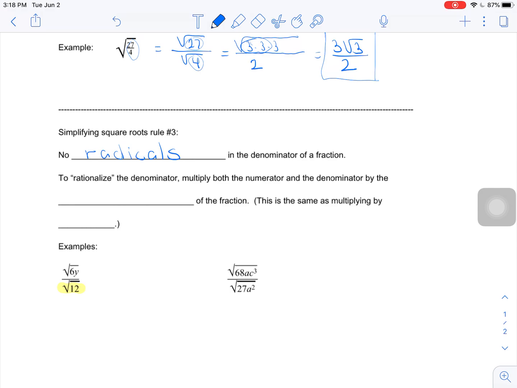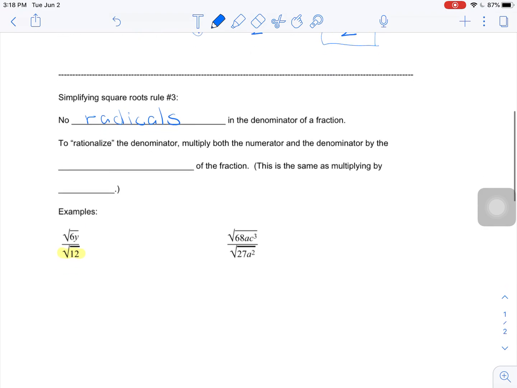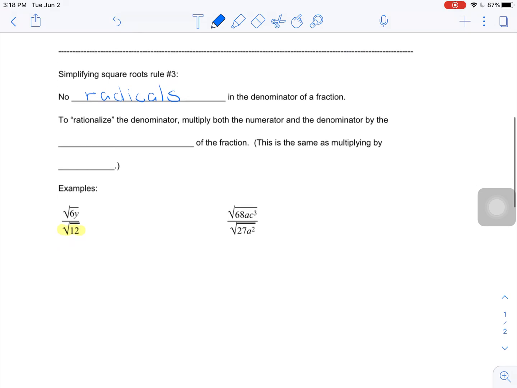Now, before we deal with that, there is some simplifying that's going to have to happen in this problem because there's also some perfect square factors in there. And this is a matter of personal preference, but I like to try and simplify as I go because it gives me smaller numbers to work with. So I'm going to go ahead and do the simplifying that I can do with this first example problem.